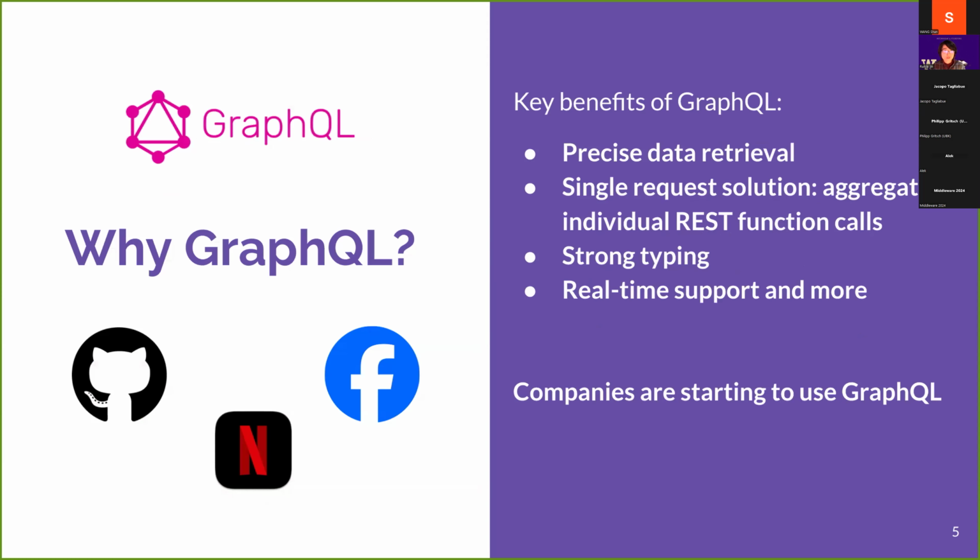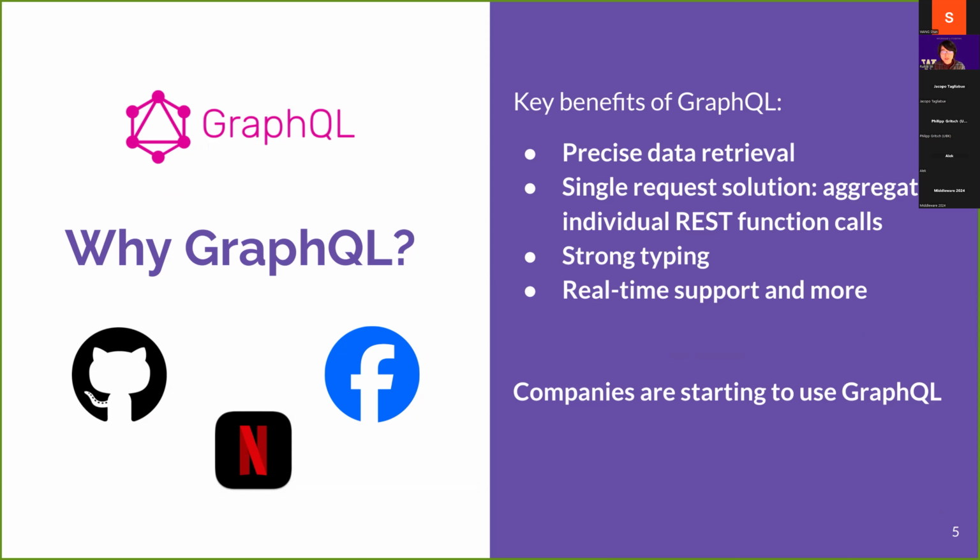So for this study, we are looking into the possibility of using GraphQL as an alternative to REST-based applications. GraphQL was initially developed by Facebook and open sourced in 2015. The key benefits of GraphQL include precise data retrieval, as controlled by your application's specific needs when you are querying the API.